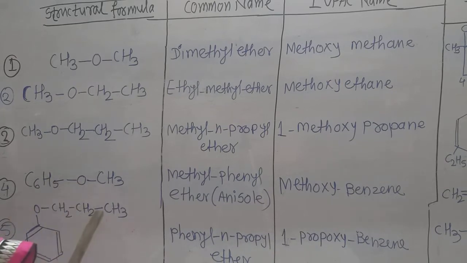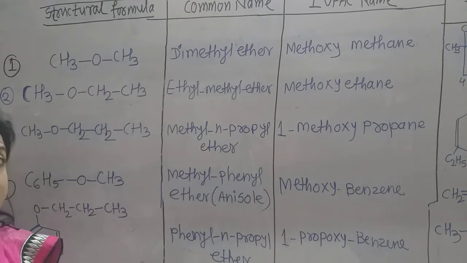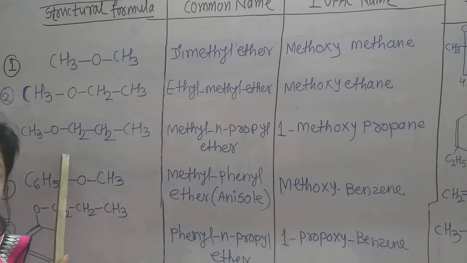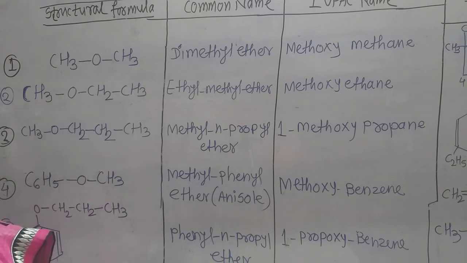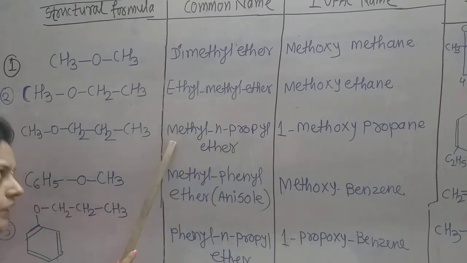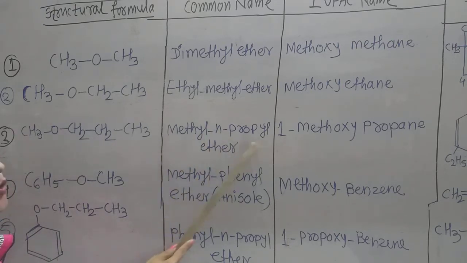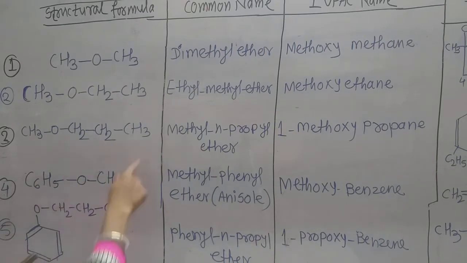If the larger alkyl group contains more than 2 carbon atoms, then numbering is given to the carbon atoms from that side at which the oxygen, that is the functional group of the ether, is attached. Now see, this is the methyl N-propyl ether, M comes first alphabetically, then P. But here more than 2 carbon atoms are present in the larger alkyl group.